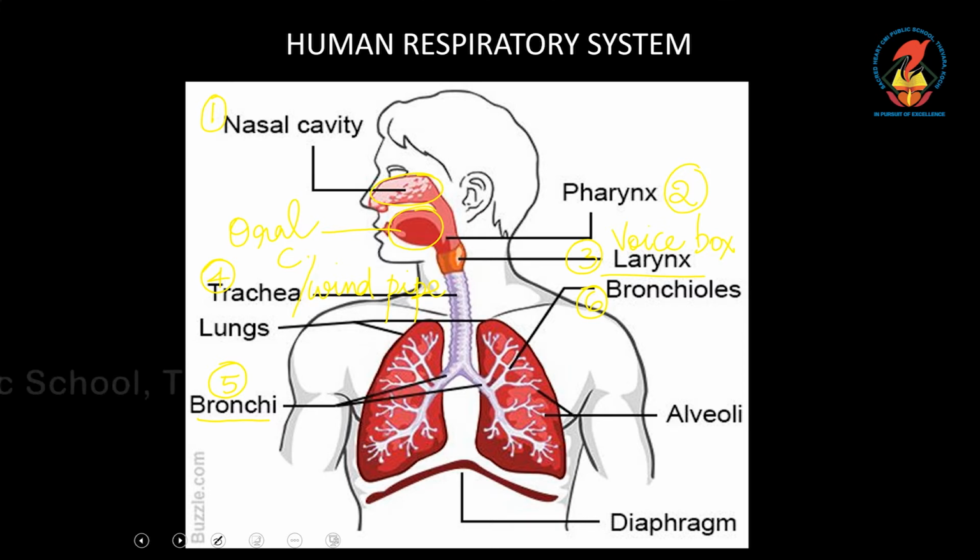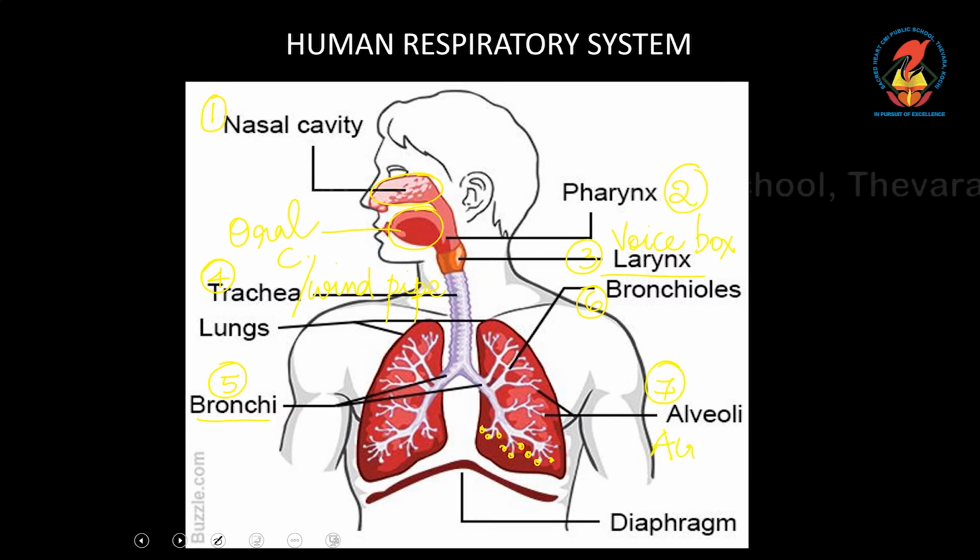Now the bronchioles will go and end in small sacs or small bag-like structures. Can you see small bulges at the end of every bronchiole? Observe the diagram carefully. You call them alveoli, number 7.